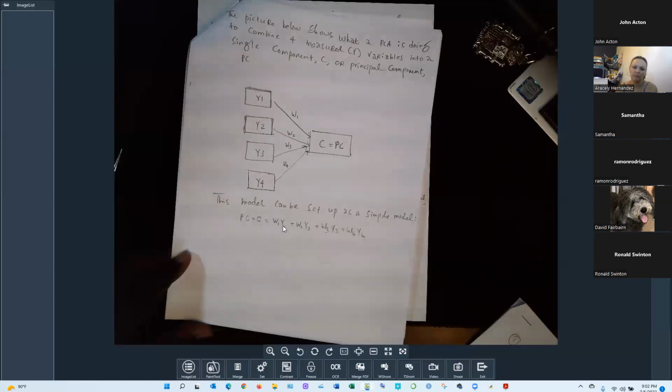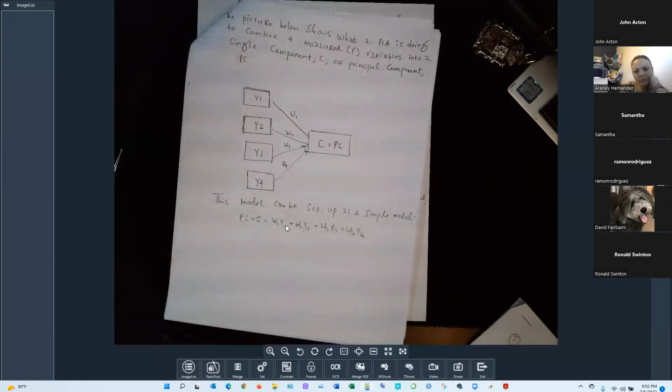But you have a correlation among what? Among these ones. That's the correlation we're going to take into account in order to build up this discussion. In the beginning, Y1, Y2, Y3, Y4 have a correlation among themselves. But that correlation will be taken out when you build up the principal components.